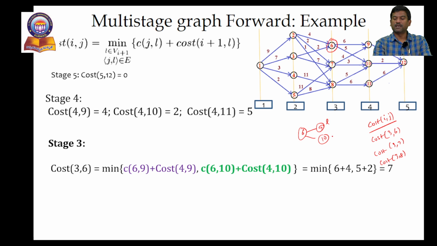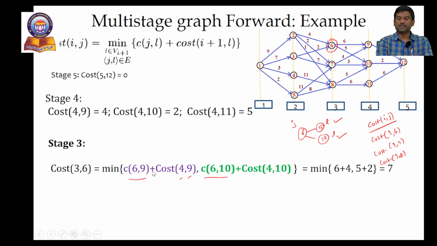So these are the l values, whereas this is your j value, and that is how c of 6 comma 9, and similarly c of 6 comma 10 is used. According to the formula, plus cost of i plus 1, that is we are at stage 3, cost of 4 comma l value, that is 9 comma, c of 6 comma 10 plus cost of i plus 1 comma l.